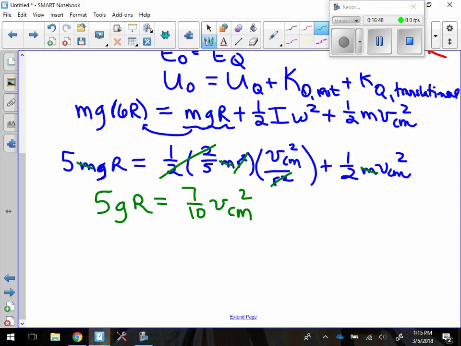I think that's right. 1/5 plus 1/2. Or V center of mass squared is 50/7 gR. Okay. We good?